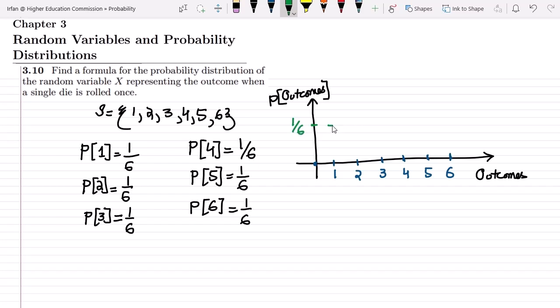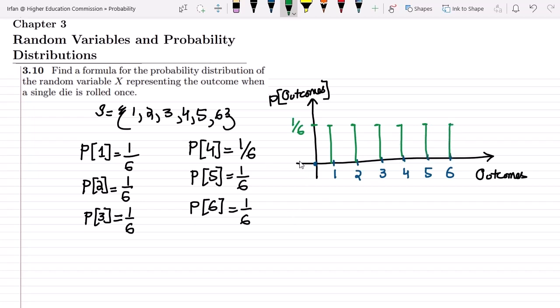Each and every item here has the same probability, and that is 1 by 6, 1 by 6, 1 by 6, 1 by 6, 1 by 6, and 1 by 6.